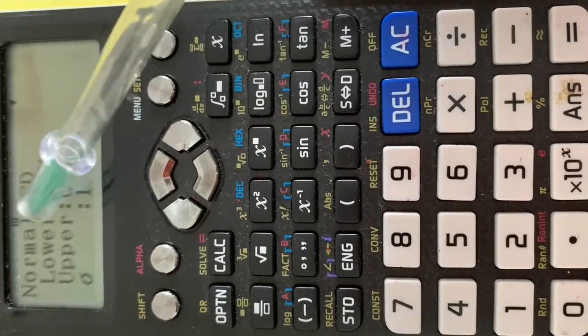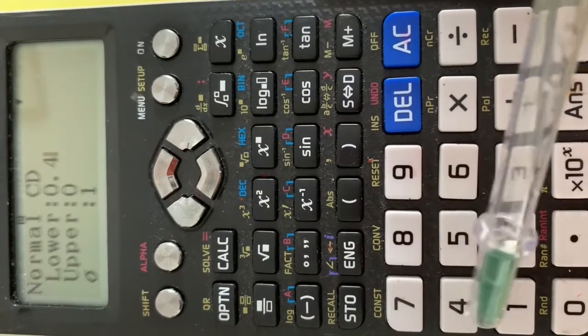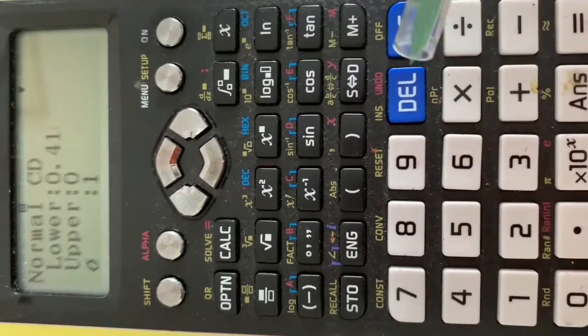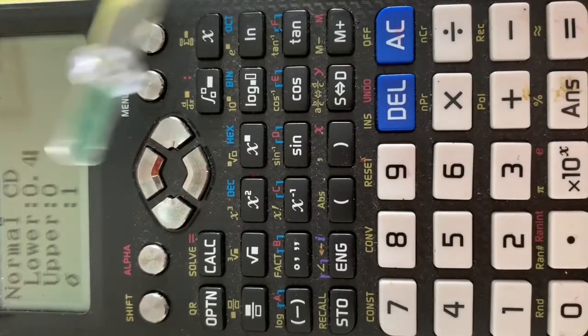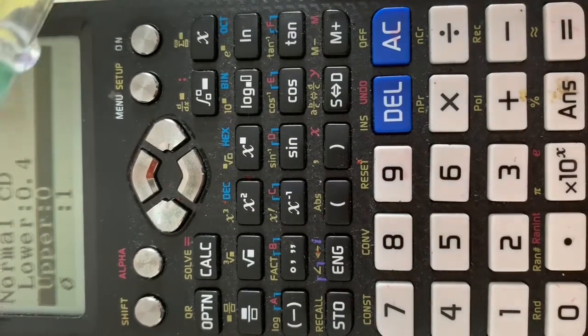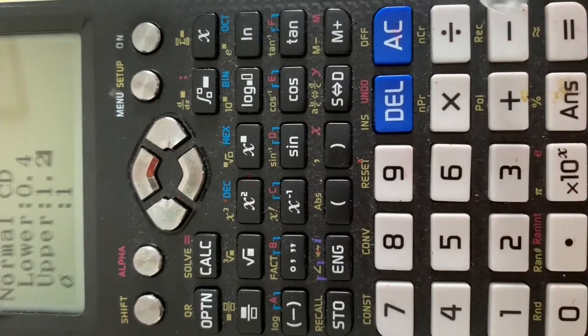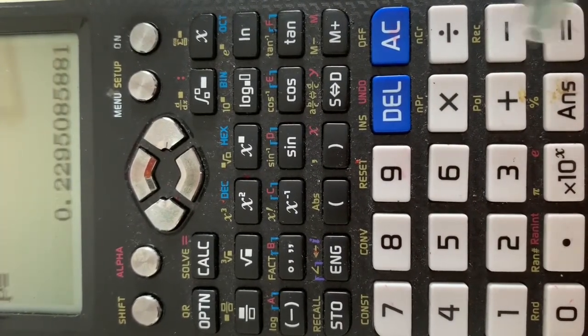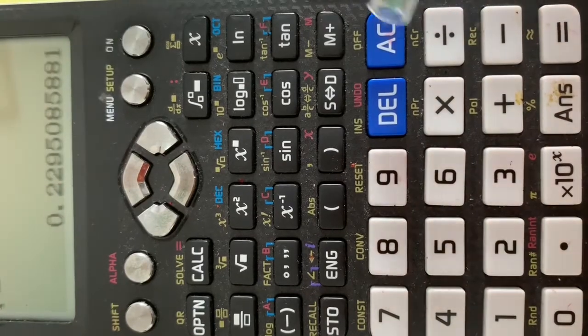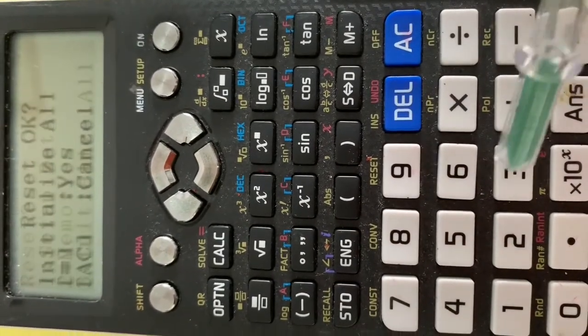Then you key in the upper. The upper is 1.2 based on the notes I gave you. Then you press 1.2, followed by equal. Then you get the answer 0.2205.